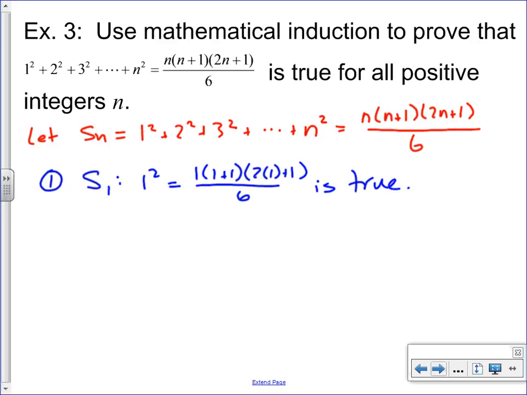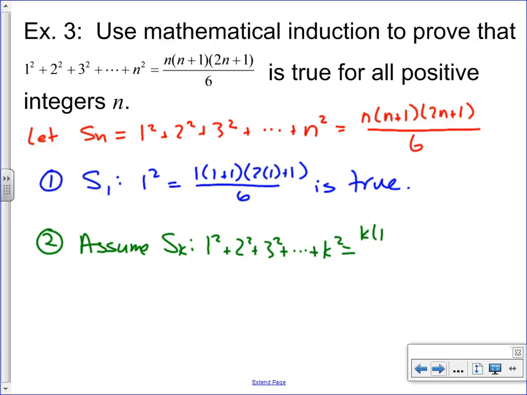Step 2, my favorite. Assume S_k, which is 1 squared plus 2 squared plus 3 squared plus dot dot dot plus k squared equals k plus 1, 2k plus 1 all over 6, is true.